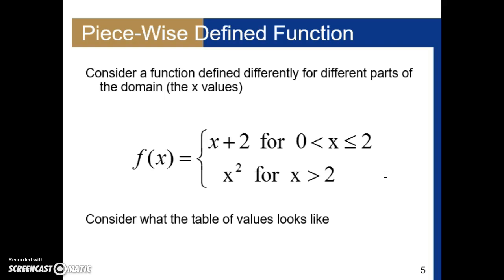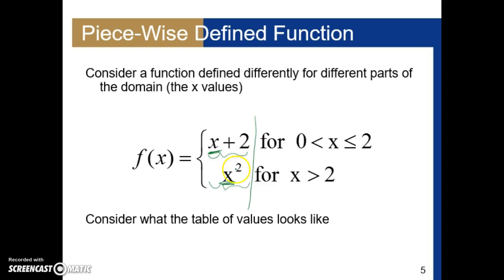Here's another one, and this is what the function rules usually look like for piecewise defined functions. It's kind of hard to see here, but we have different pieces of what is being done to domain values. Here, domain values are given, and then we just add 2, and that gives us our y values. Here, we take the domain values and square them.